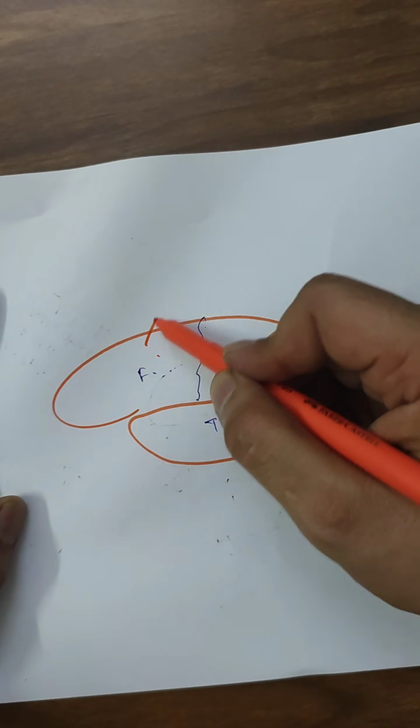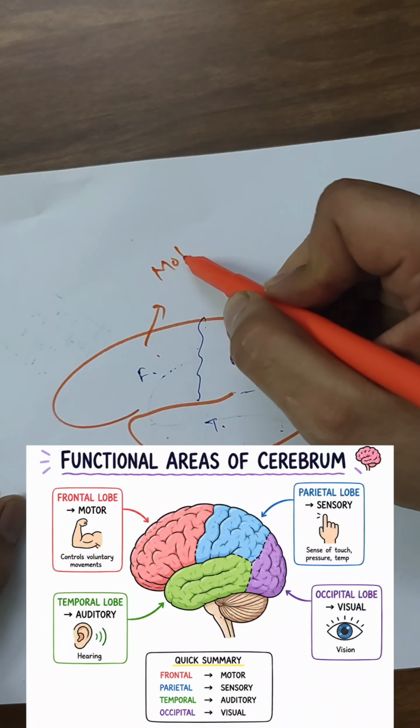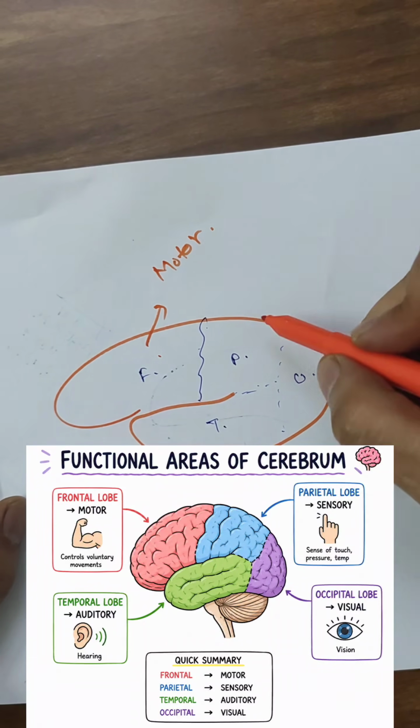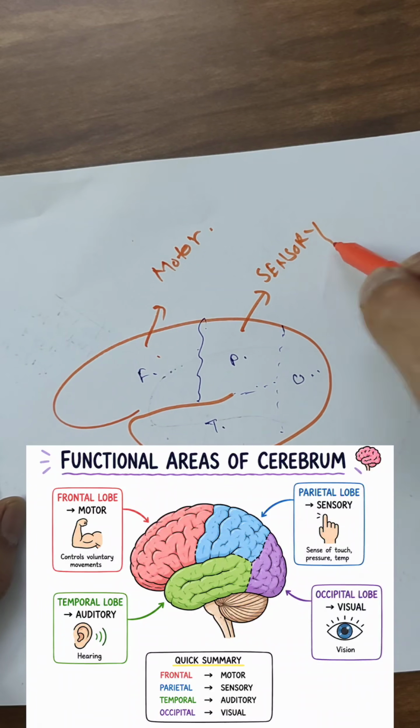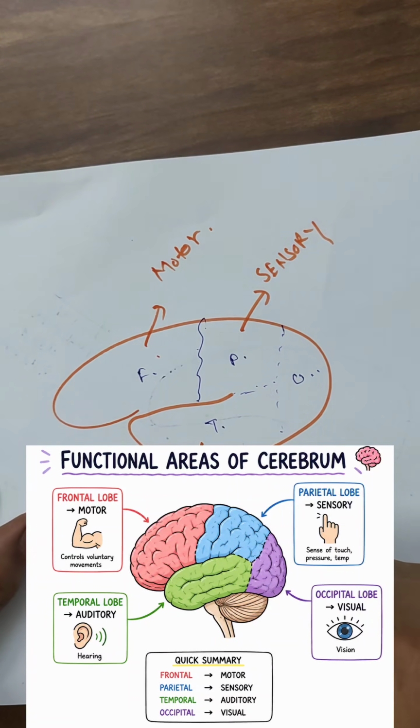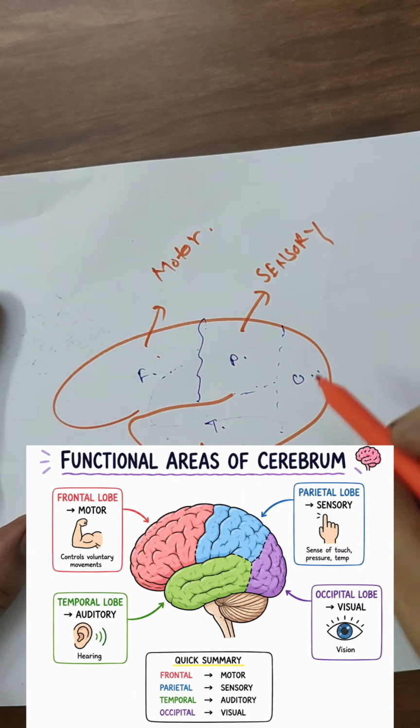The frontal lobe basically deals with motor activity. The parietal lobe deals with sensory activity. The temporal lobe deals with auditory function and memory, and the occipital lobe deals with vision.